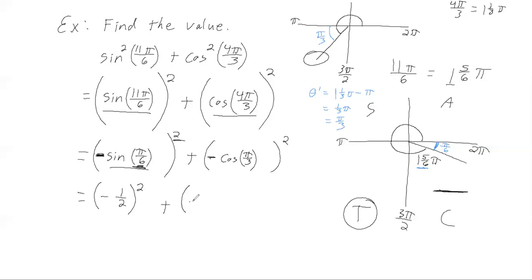Plus, negative. What's the cosine of pi over 3 according to our chart? Well, think about that for a second. That's going to be what? 1/2 as well. And I still have to do what? Square it. So let's see. What's negative 1/2 squared? 1/4. Plus negative 1/2 squared is 1/4. 1/4 plus 1/4 is 2/4, or what? 1/2. Voila, there we go.